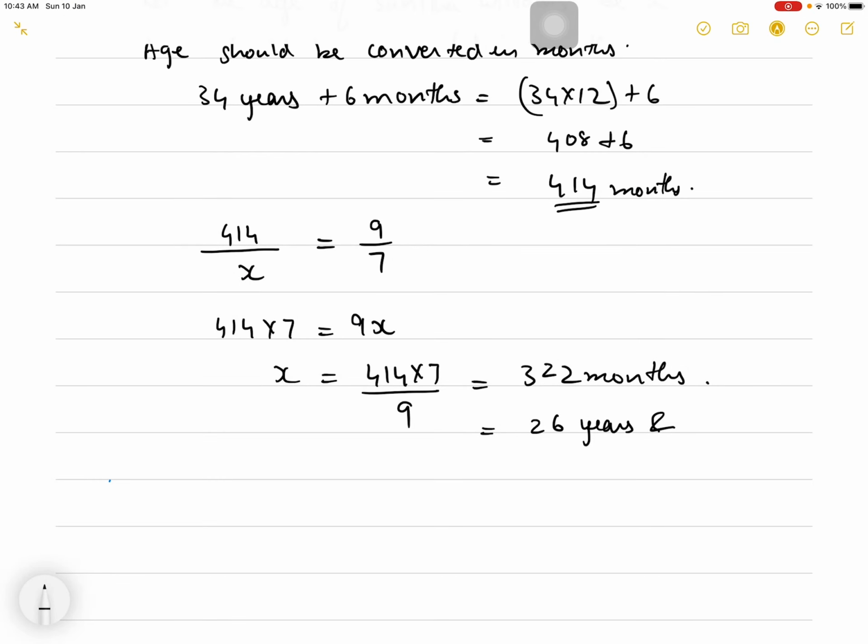Okay, so you subtract 312 from 322. 322 minus 312, you get 10. So she is 26 years and 10 months.